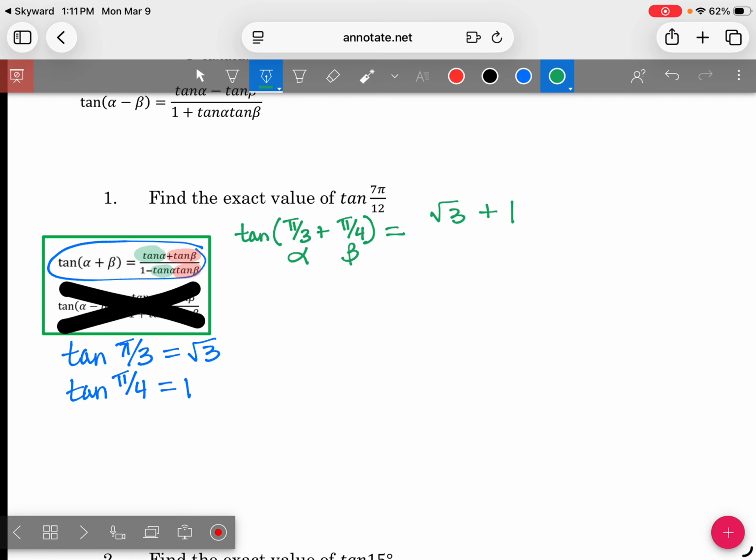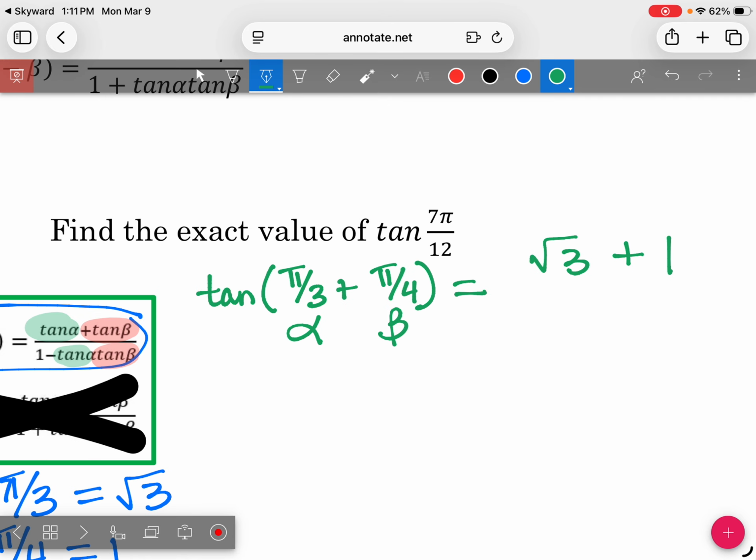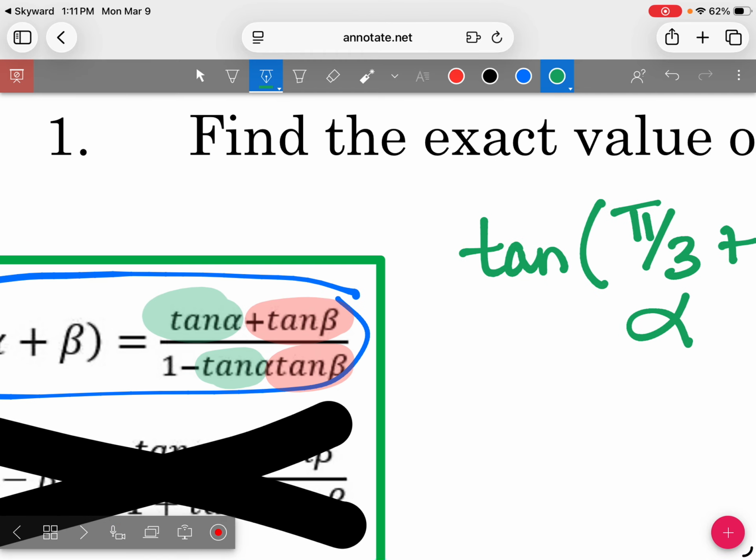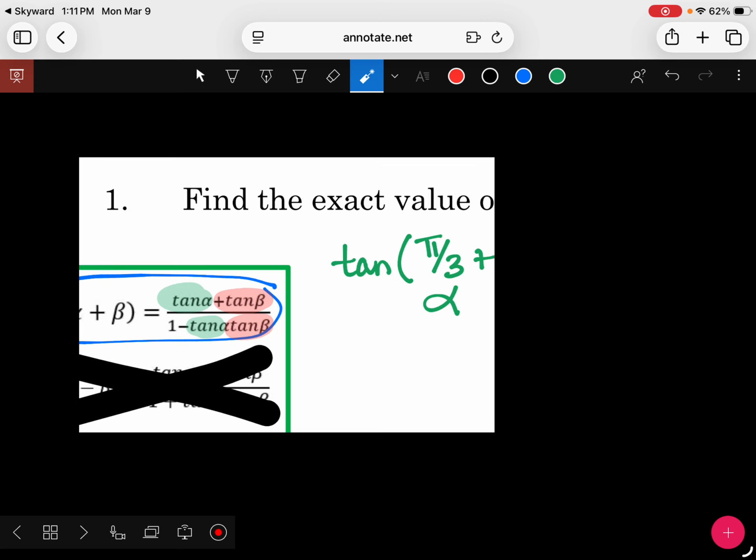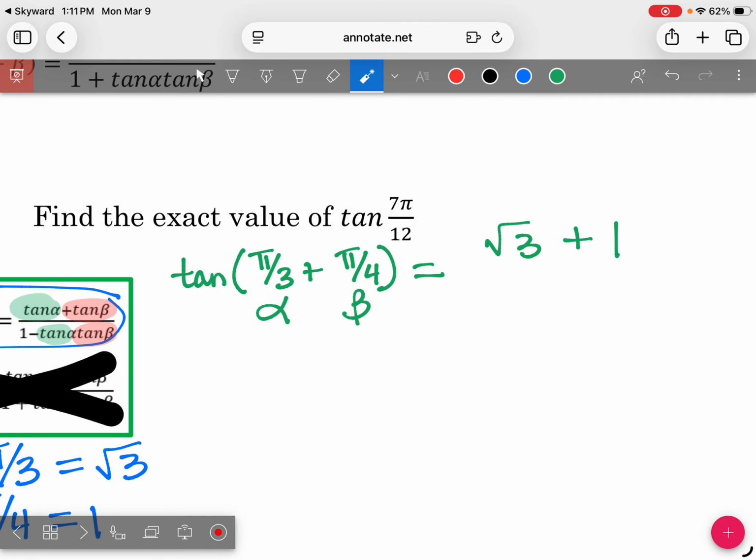Does everybody see what I did there? Notice it says take the tangent of alpha plus the tangent of beta. And we figured out that the tangent of alpha was root 3 and the tangent of beta is 1. Does everybody see what happened there? So all I did was put a root 3 and a 1.